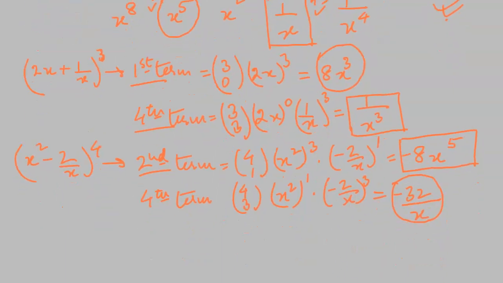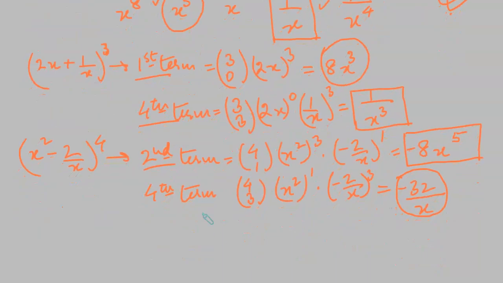So 8x cubed times negative 32 over x plus 1 over x cubed times negative 8x to the power of 5.